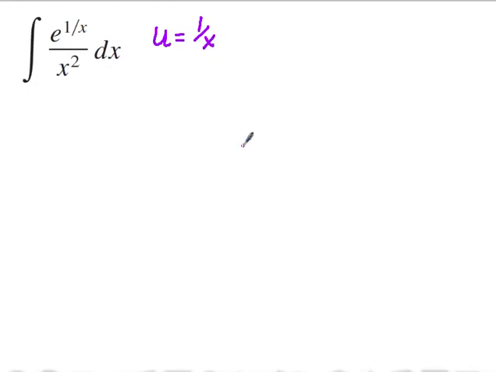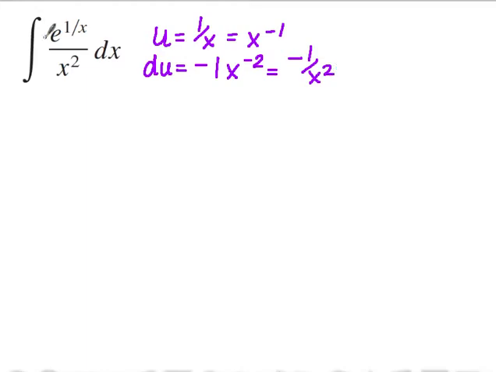Which is really x to the negative 1. du then is negative 1x to the negative 2nd, which is the same as negative 1 over x squared. So if you notice, really what I'm missing is what?